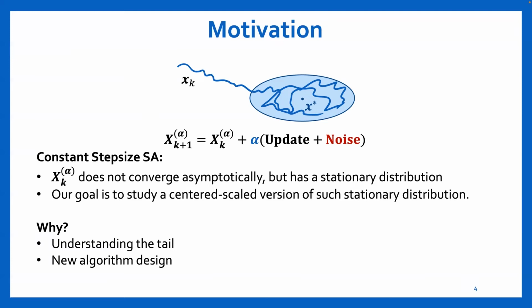Also, it can be used for new algorithm design. Based on this result, our next step is to design new algorithms so that the stationary distribution is better behaved, in the sense that it has a smaller covariance matrix. Beyond that, this problem alone is an interesting theoretical problem.